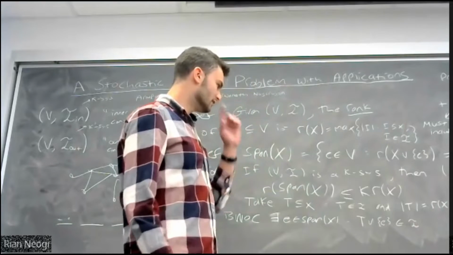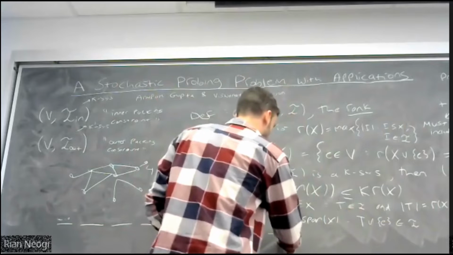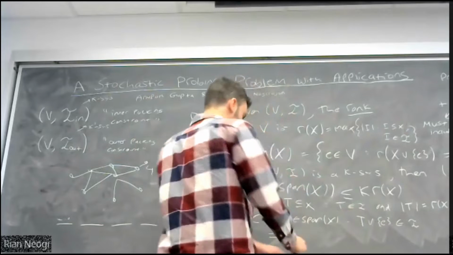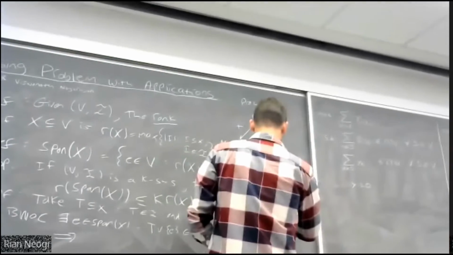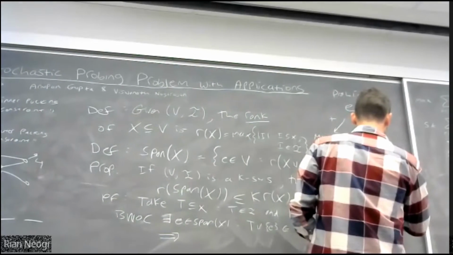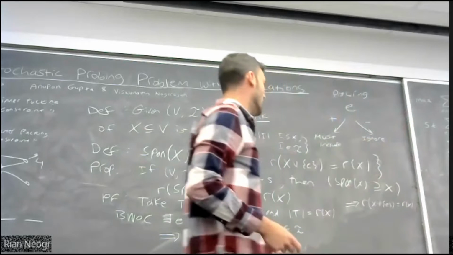What's the problem with this? Well, E is in the span, so by definition of the span, the rank of X union E is equal to the rank of X.